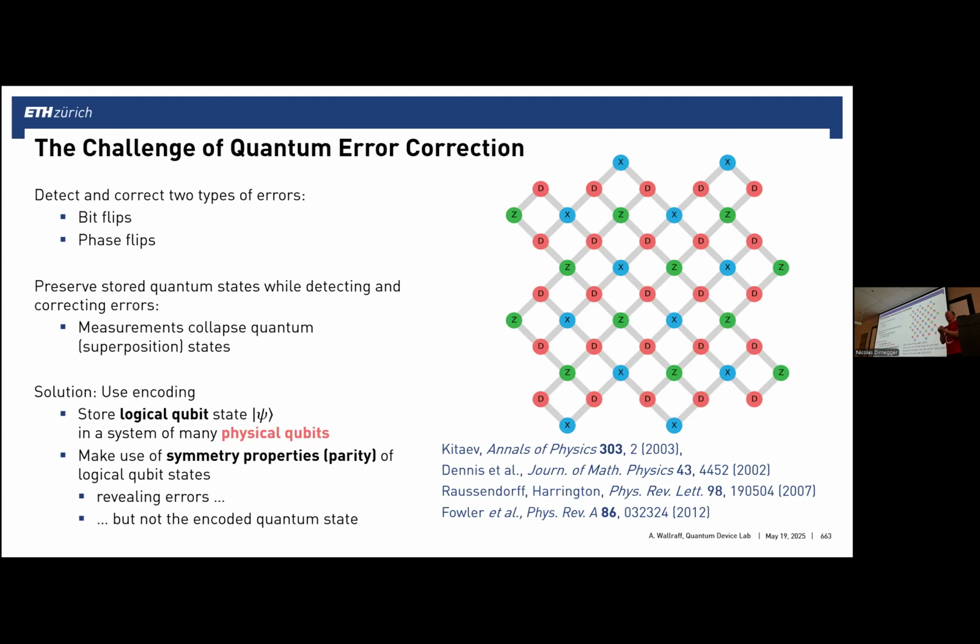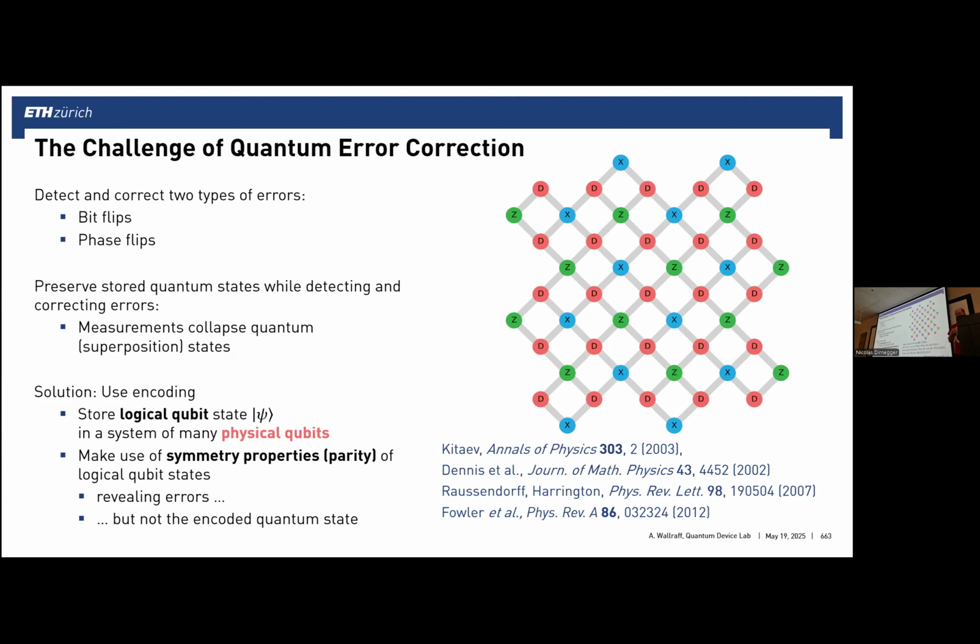So what is parity? If you had a string of zeros and ones, an even parity state is a state in which you have an even number of ones, and an odd parity state is a state in which you have an odd number of ones. So say you had encoded some logical quantum state in an even parity physical qubit state, and one of your physical qubits flipped from 1 to 0, that would turn the number of ones from even to odd.